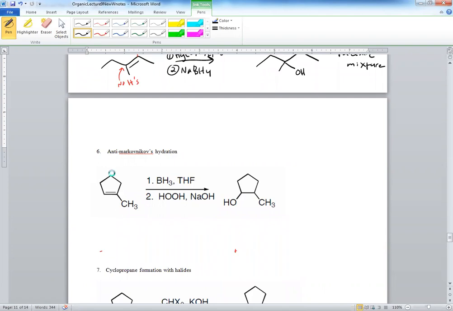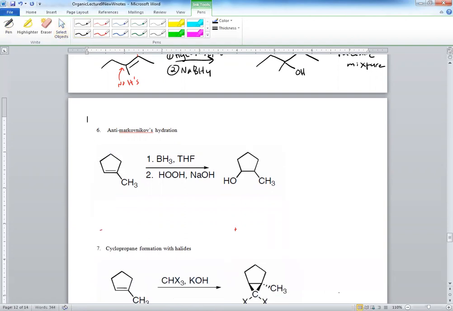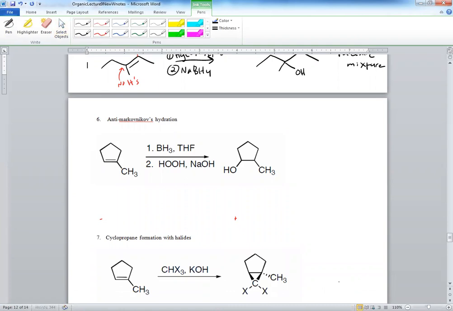If you're given a new reaction, go from one example to another. The second one is called anti-Markovnikov hydration, and that's usually what we call a hydroboration reaction.